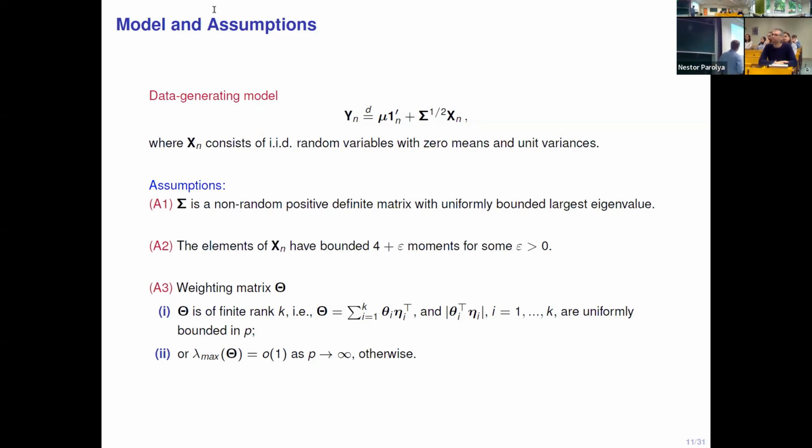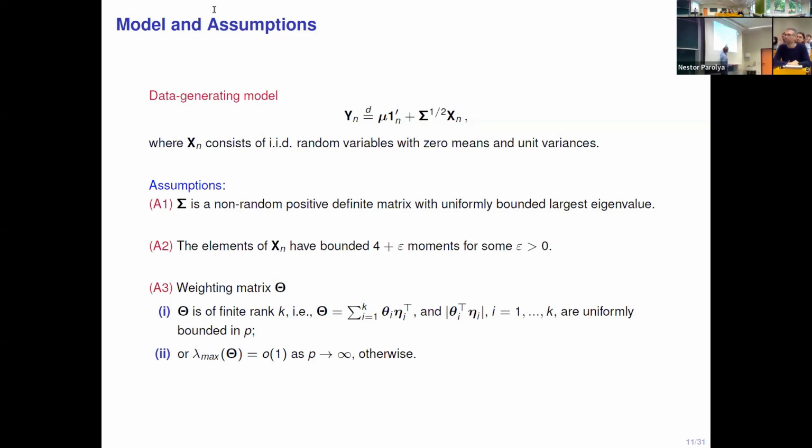Sigma here, the covariance matrix, has uniformly bounded spectra. Actually, the largest eigenvalue is bounded away from infinity, and also the smallest one, in some cases, should be bounded away from 0, but in general, not always. And for this matrix theta, what we assume is that if it's of finite rank, then it could be written in this form.